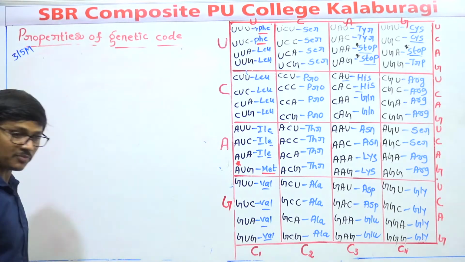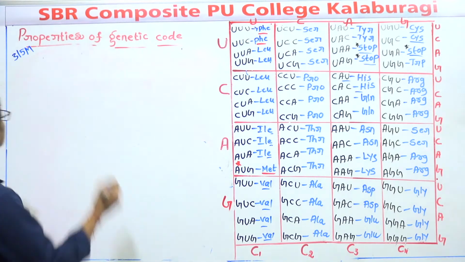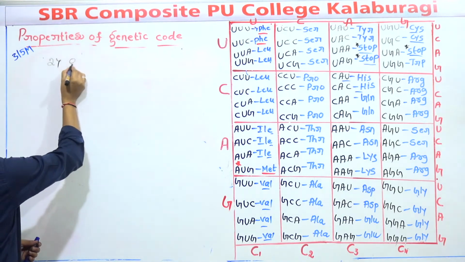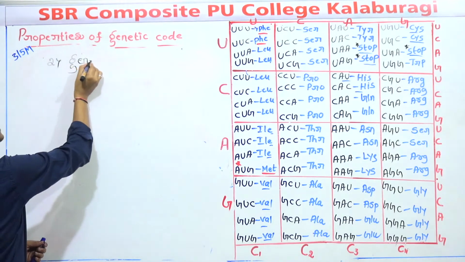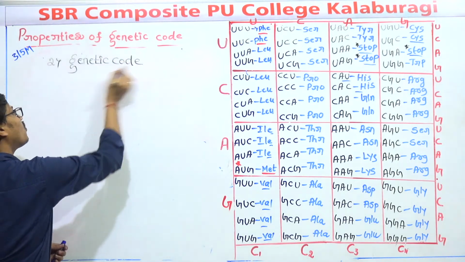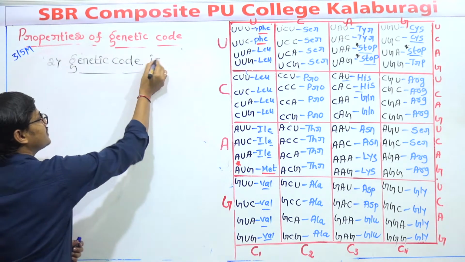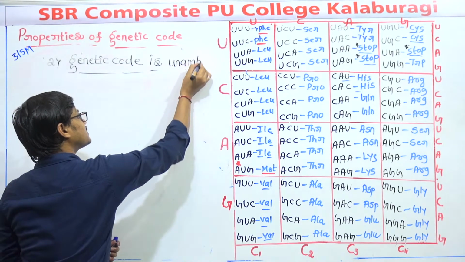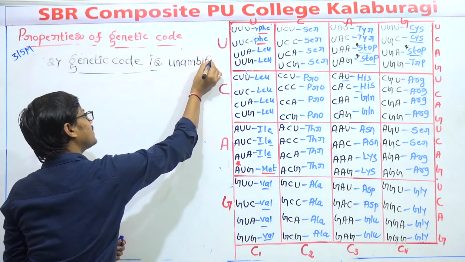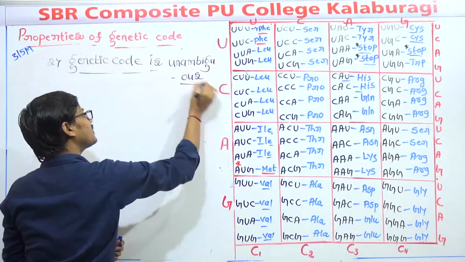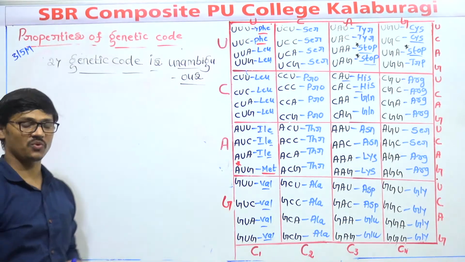What is the second property of a genetic code? Genetic code is unambiguous. It is the second property of genetic code.